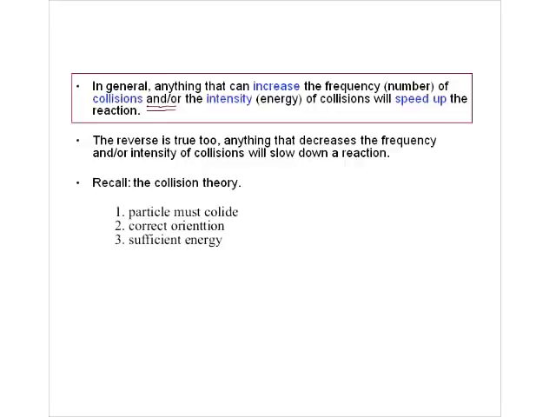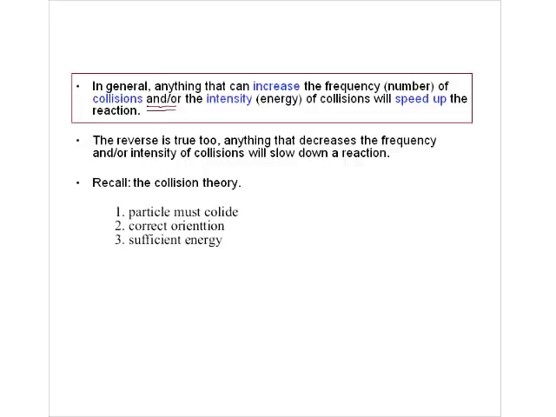Remember that threshold energy we talked about? Getting over that kick. So anything that collides much harder, much more energetically, chances are there's going to be a quicker chemical reaction. So anything that would increase the number of collisions or the intensity of collisions will speed up the chemical reaction.